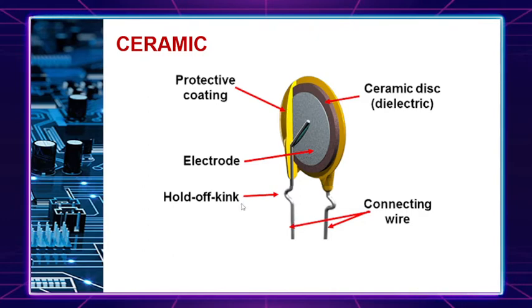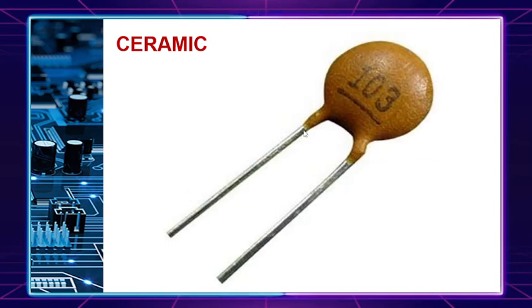We also have the kink and the connecting wire for this passive component. And this is the actual picture of a ceramic capacitor, wherein you can see a three-digit symbol. As I said, we will discuss how to read a capacitor and know its corresponding value.